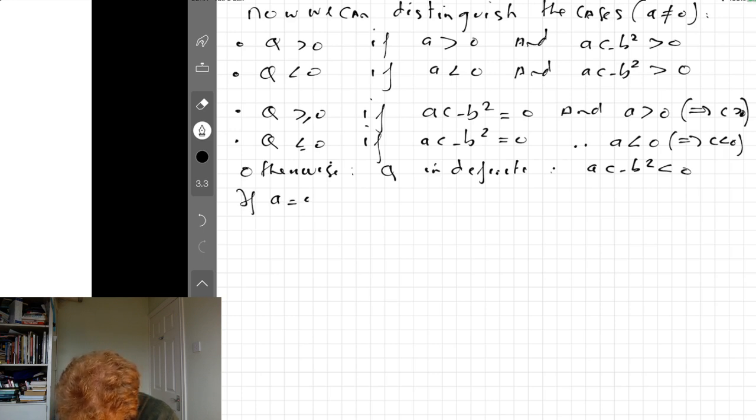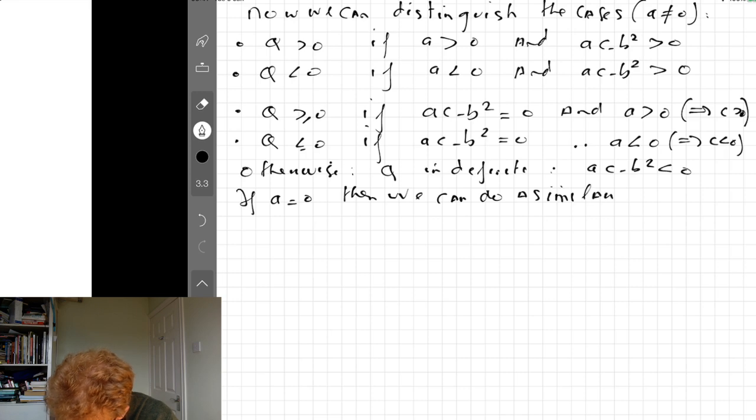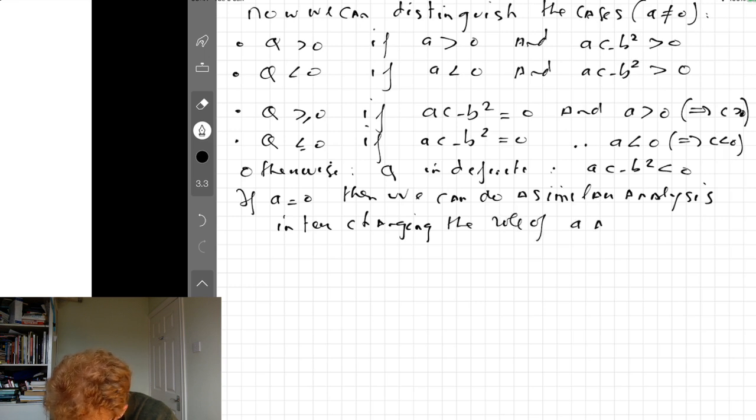If a is 0, this is left as an exercise. Then we can do a similar analysis, interchanging the roles of a and c, assuming c is not equal to 0.